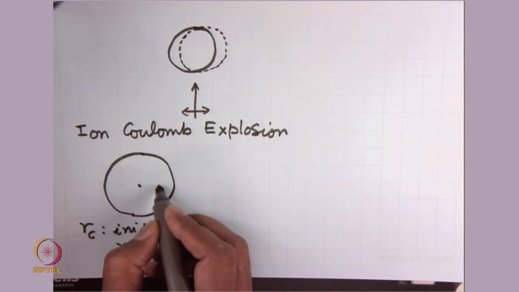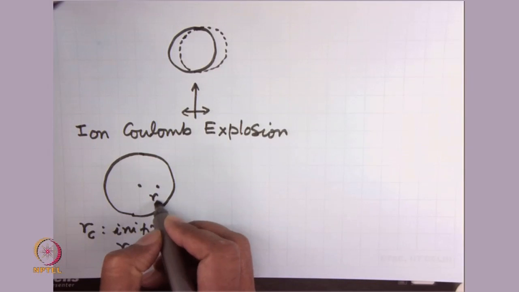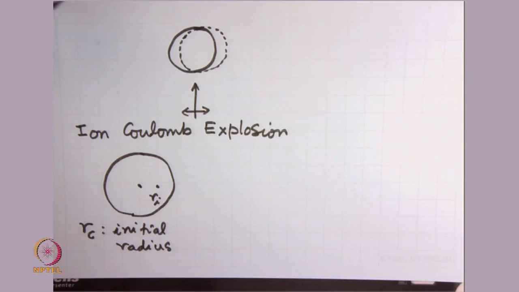Now, consider an ion placed at a distance Ri from the center of the ionosphere. I want to find out how much electric field this ion will experience, how much force this ion will experience.